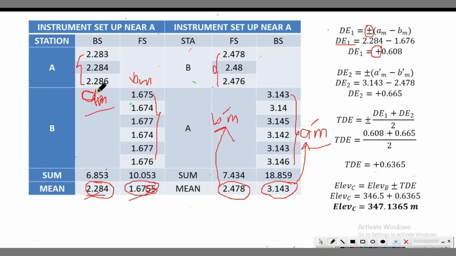Magkaiba lang sila pag AM, that is the reading doon sa may point A. Then, ang A prime M, yan yung 6 na backsight readings doon sa point A. Okay? Then after that, makukuha natin si DE2, which is equal to 3.143 minus 2.478. My DE2 is equal to 0.655.